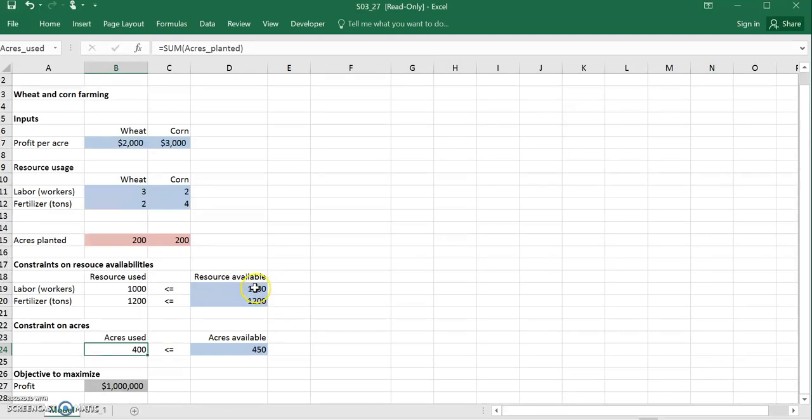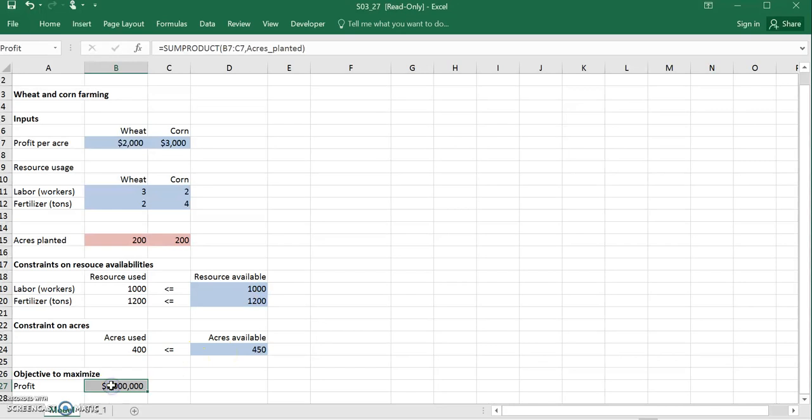These were binding. In other words, you couldn't plant any more than this and maximize your profit, because there were not enough workers available and not enough fertilizer available. So this acres used would be considered a non-binding constraint on this problem at this time, because you maximize your profit without maxing out the number of acres used. So they had 50 acres left that were unused, because that's the difference between what was actually used and what was available.